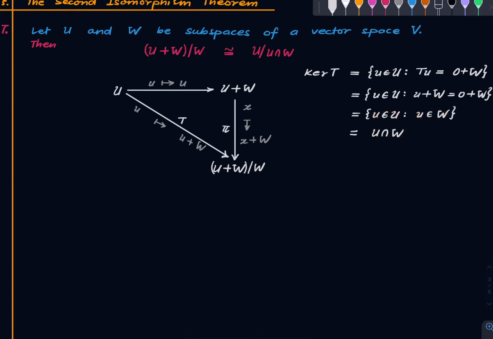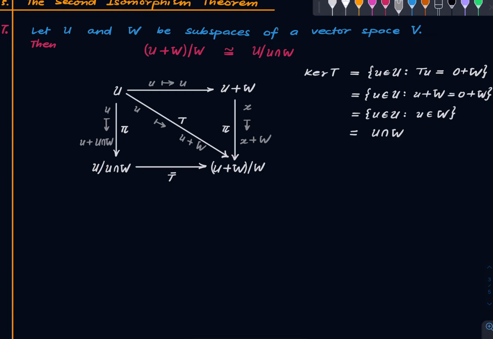And now by the first isomorphism theorem, this factors injectively through the quotient by the kernel. The kernel we just calculated is U intersection W. So we get some injective linear map T bar, where of course this is also the natural projection. By abuse of notation, this will also be denoted by pi. So this takes little u to this particular coset.